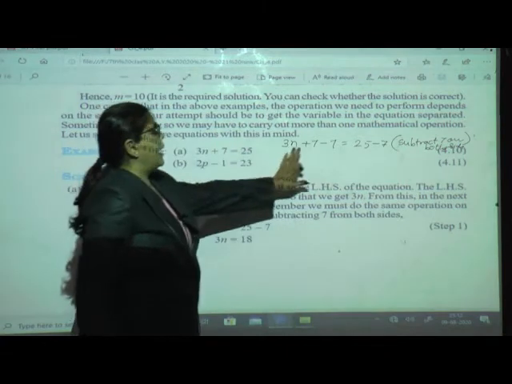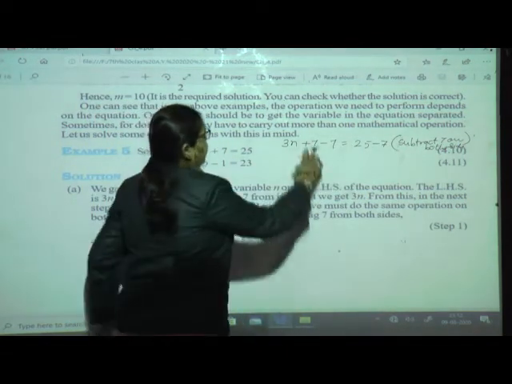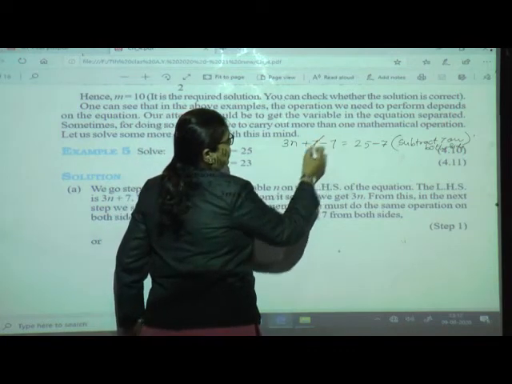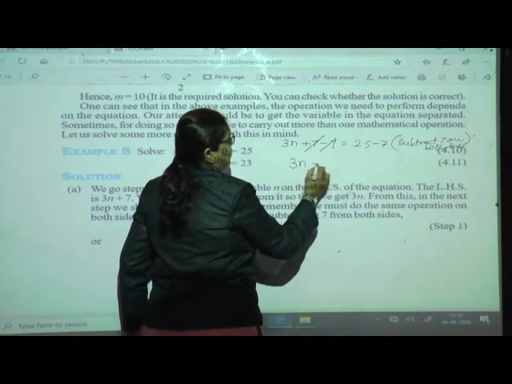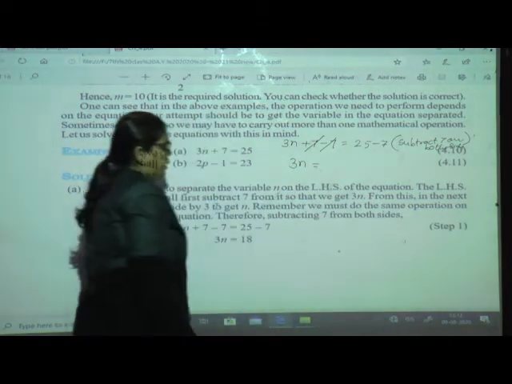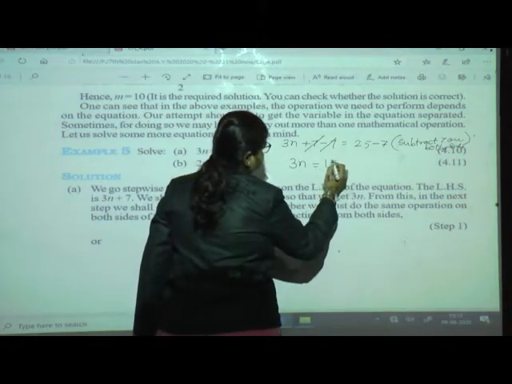Now this is the LHS, this is the RHS. Now you know subtraction. When you write this step, the plus 7 and minus 7 get cancelled. So you get 3n is equal to, you know 25 minus 7 is 18.